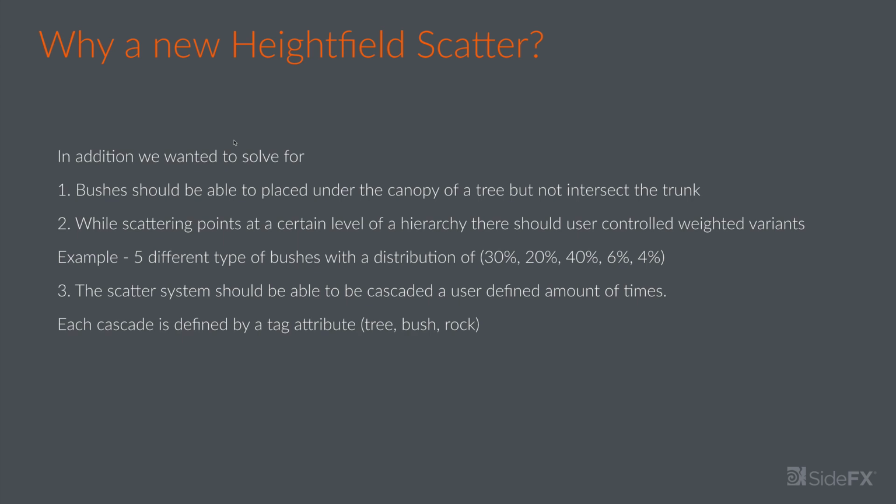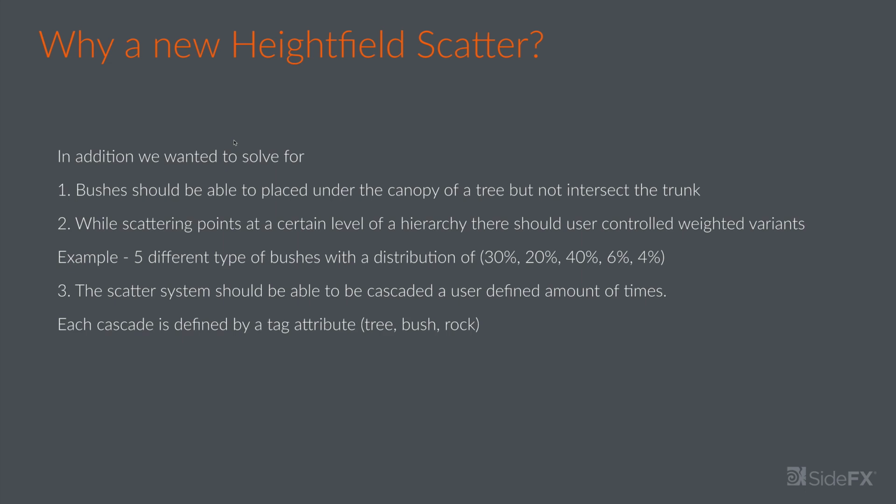It could be 3 or 4 different types of bushes that are placed there, and that would be all at the same level because they're bushes. But what you want to be able to say is, I want bush 1 to occupy 60% of the placement, bush 2 to be another 25% of the placement, bush 3 to be 15%, and bush 4 maybe 5%. So you get this kind of organic blending of your bushes to make the terrain look nicer.